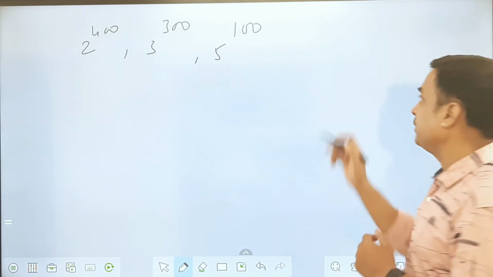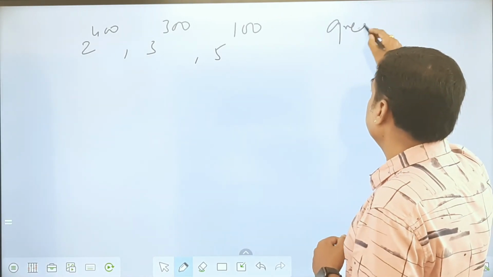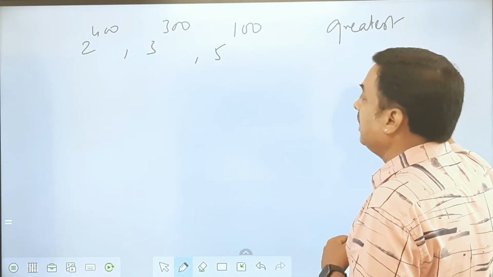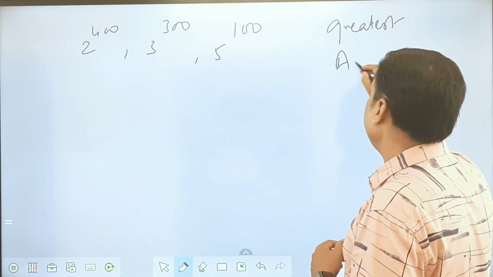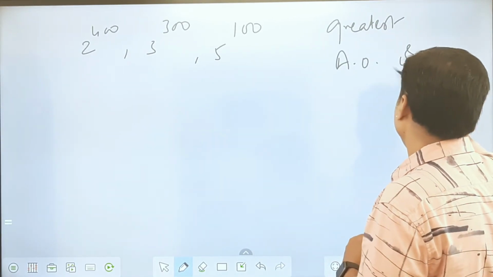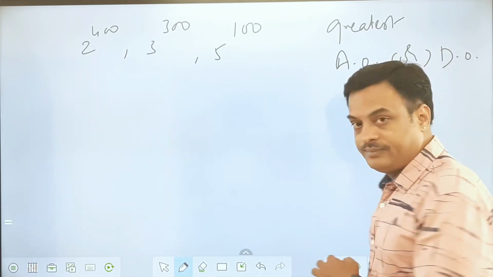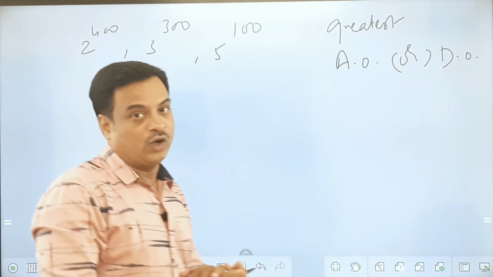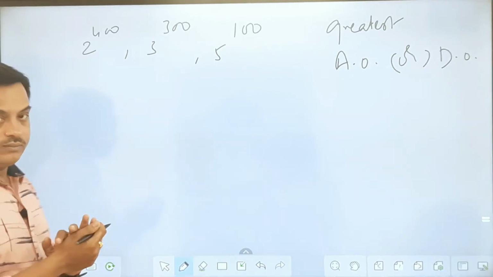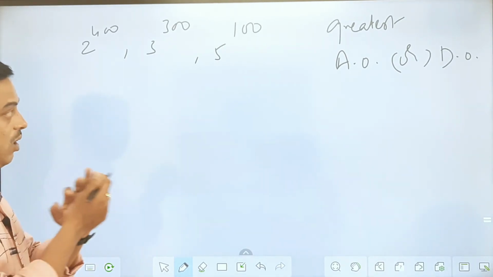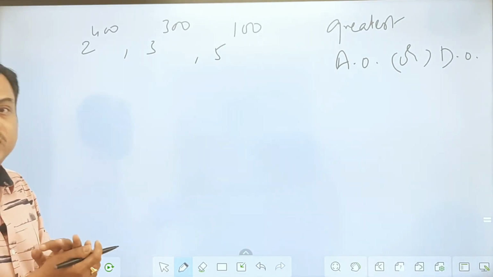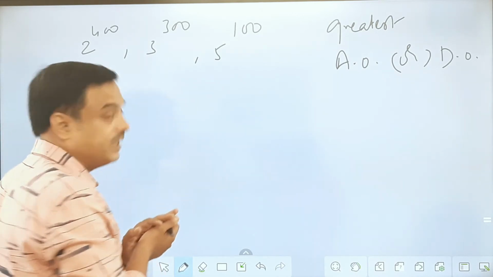There can be 2 questions possible here. Finding the greatest can be one question, and the second question is finding an ascending order or descending order. You know ascending and descending orders, right? So identifying the greatest or arranging them in ascending or descending order is what you need to do.